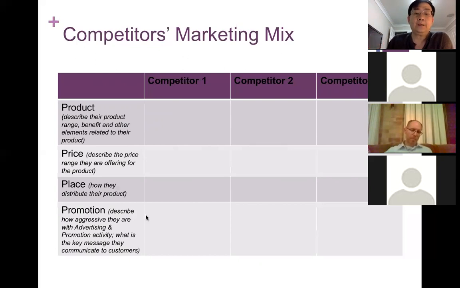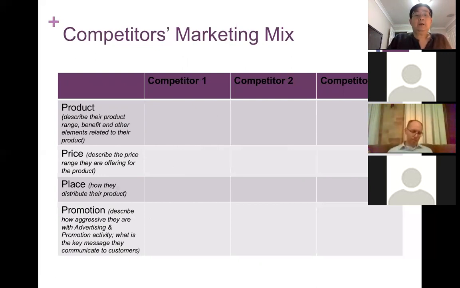Then the price range. If it is a chocolate bar, for instance, the price of 25 grams ranges from this to that, and the 50-gram packs would range from here to there. And how would they distribute the product? What outlets? And how would they promote the product?